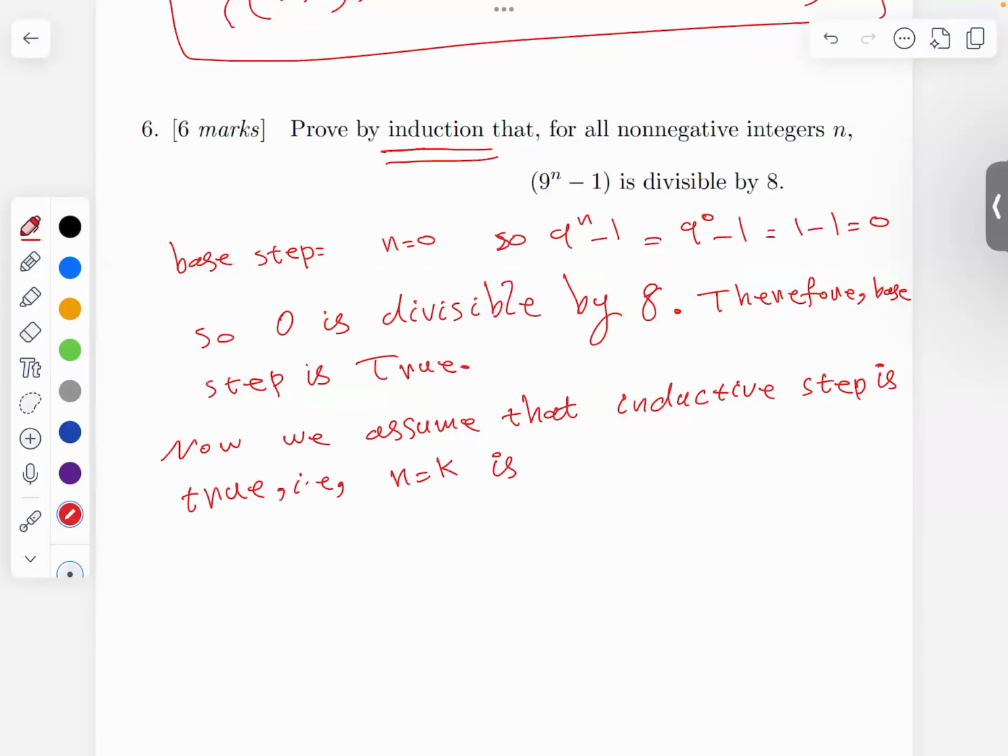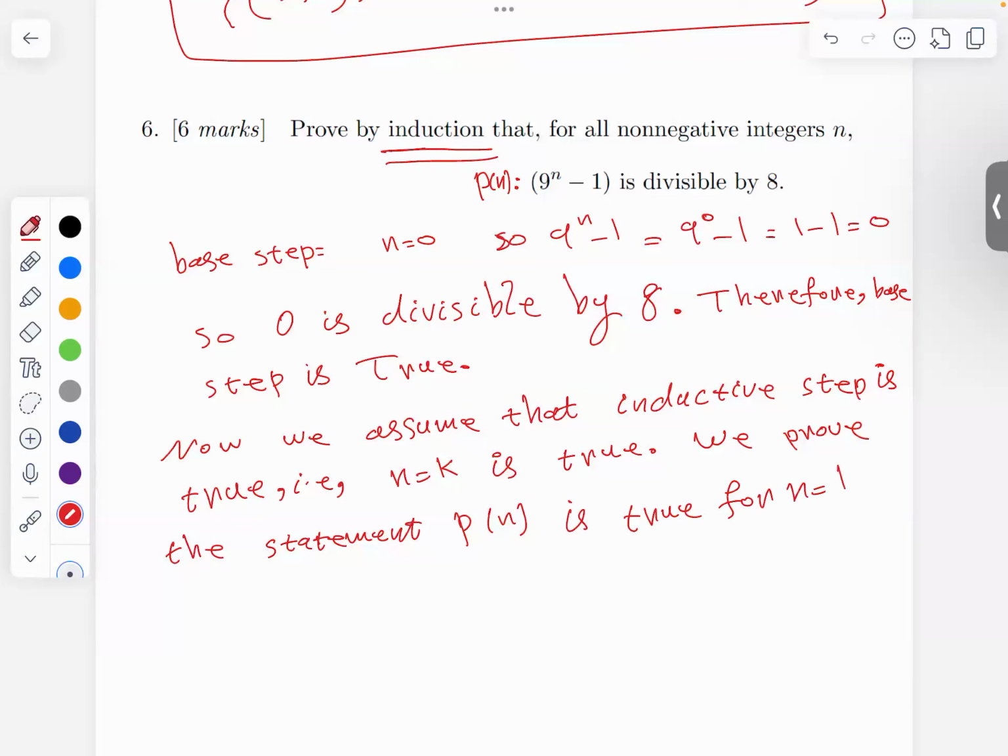Then we prove the statement Pn, this is Pn, is true for n equal k plus 1.